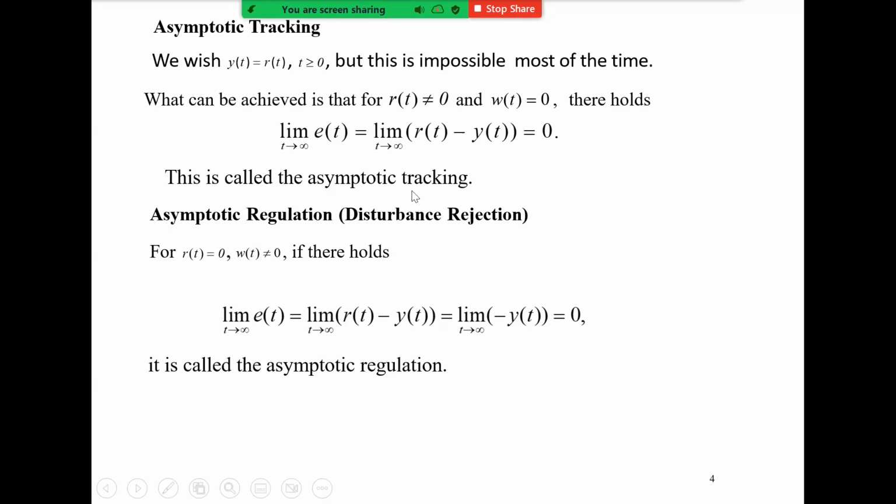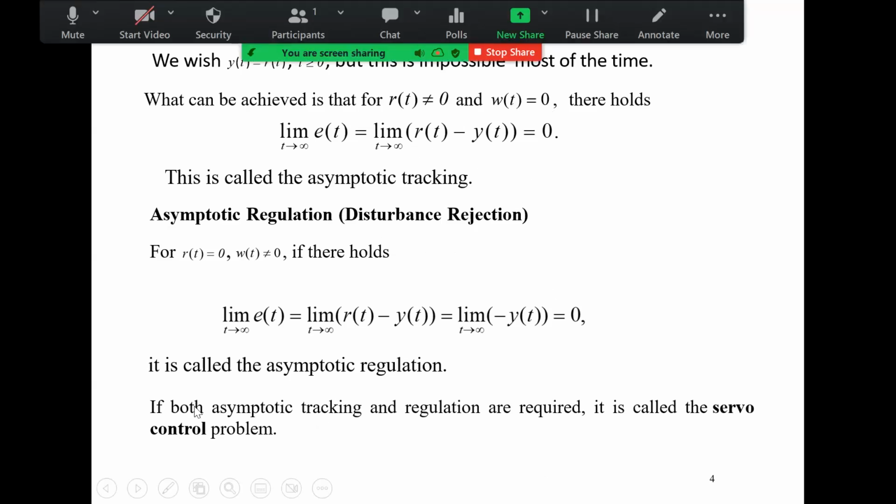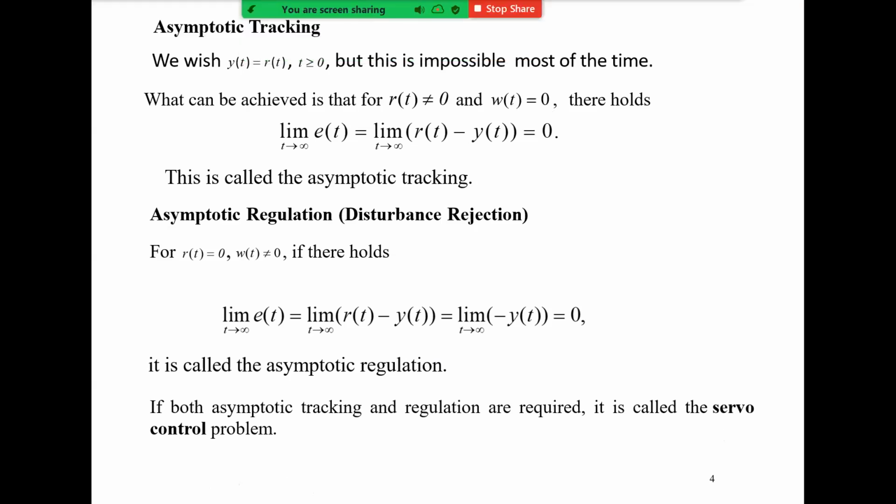If you can achieve both, eventually the output can follow some reference output, and meanwhile it can also minimize the impact of the disturbance. This is what we call the servo control problem. We want the output to follow some desired non-zero output, and also we want to reject the influence of the disturbance.